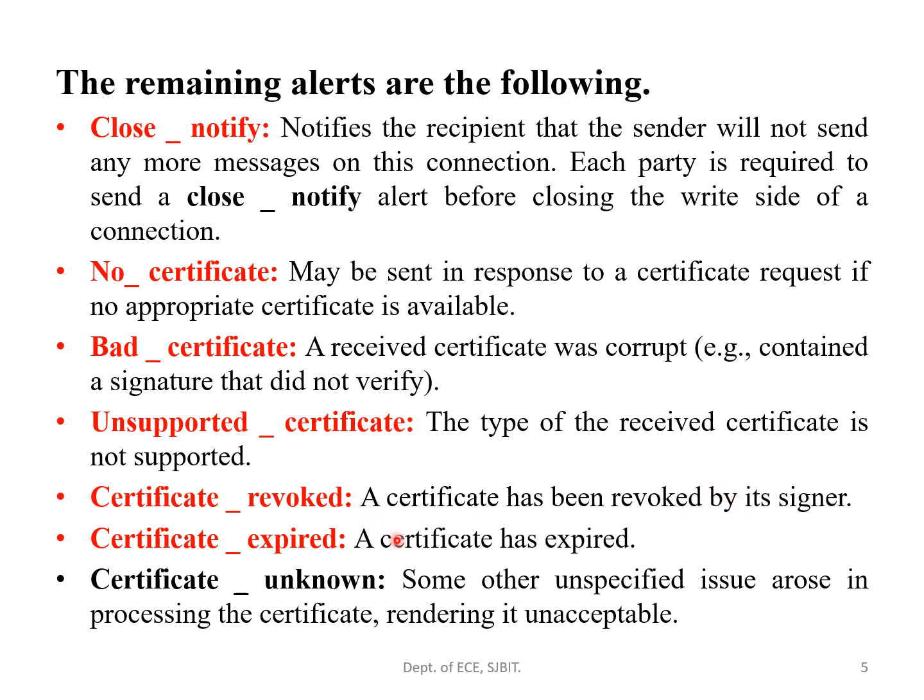Certificate revoked: the certificate has been revoked by its signer. Concerning certificate expired, the certificate has expired. These are the signals for which the alert message is sent. Certificate unknown: some other unspecified issue arose in processing the certificate.